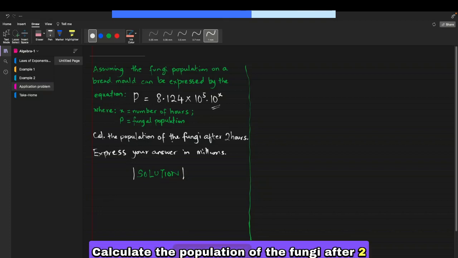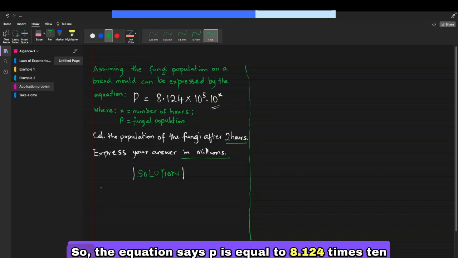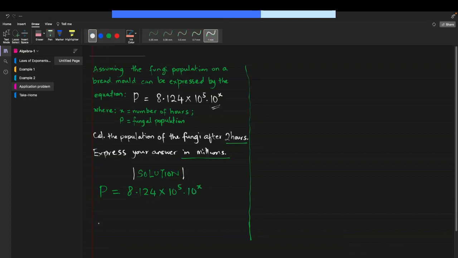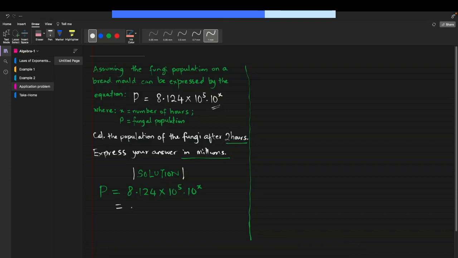Calculate the population of the fungi after 2 hours and express your answer in millions. So the equation says P is equal to 8.124 times 10 raised to the power 5 times 10 raised to the power x. Remember, the question says you should find the population of the fungi after 2 hours.